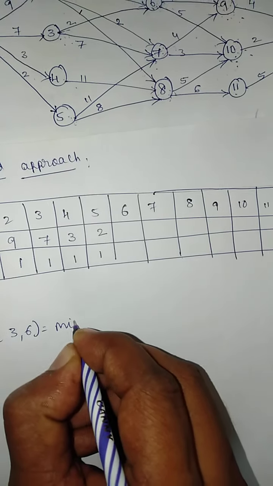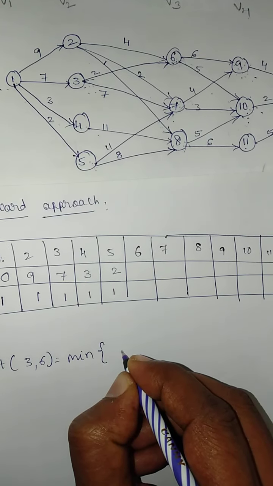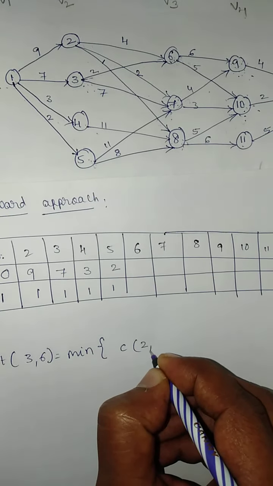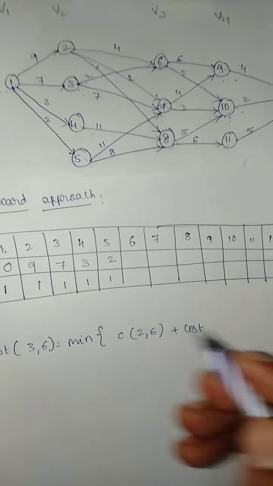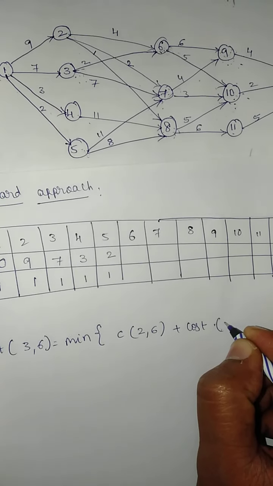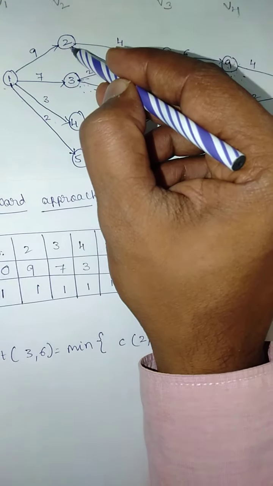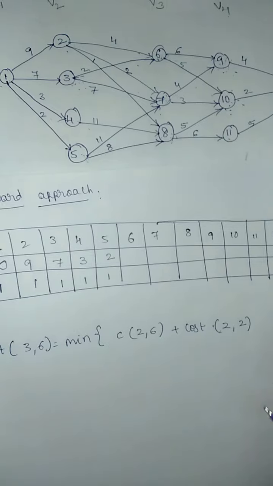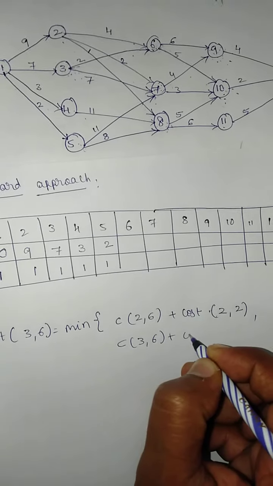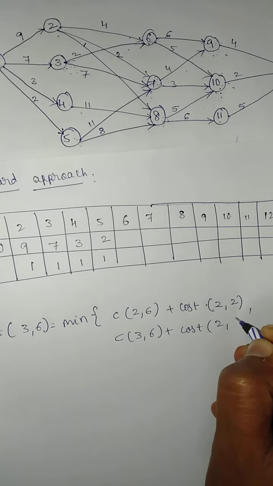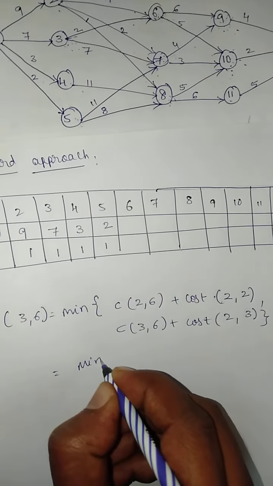So minimum of cost from 2 to 6 plus cost of reaching vertex 2 in the previous stage, comma, C(3,6) plus cost of stage 2 vertex 3.